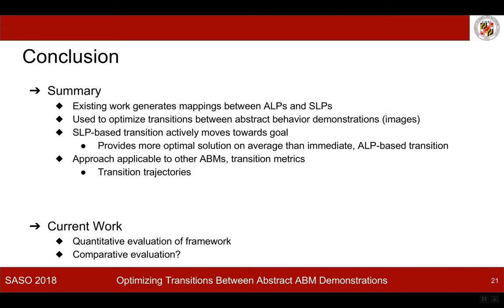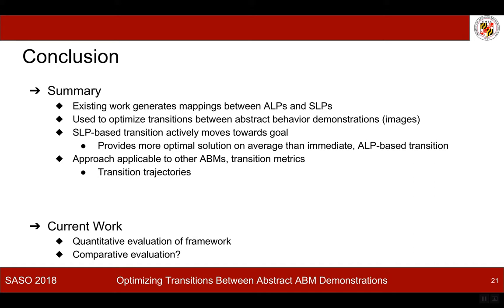We made use of an existing work that generated mappings between ALPs and SLPs. By making use of this work, we were able to optimize the transitions between abstract behavior demonstrations. We found that the SLP-based transition actively moves towards the goal and provides for a more optimal solution, on average, than immediate and ALP-based transitions.